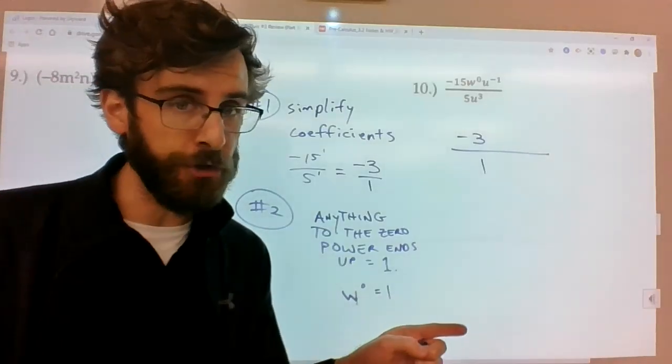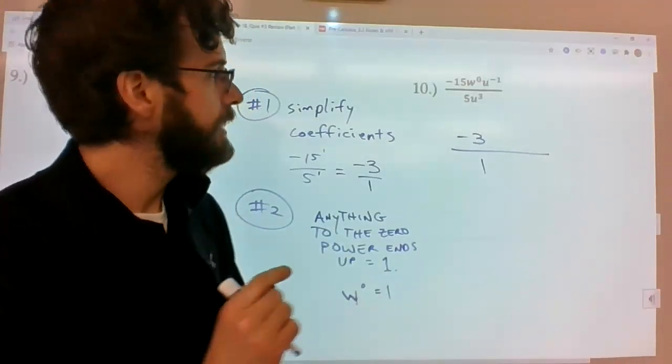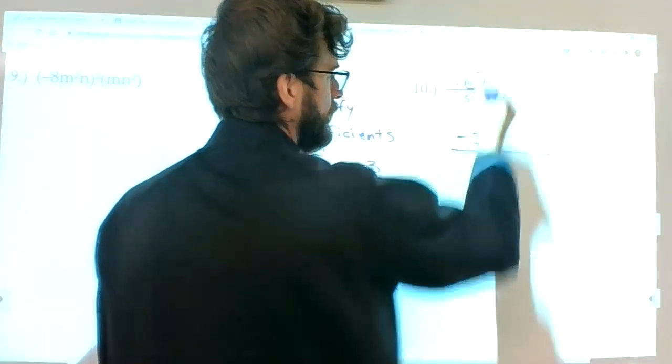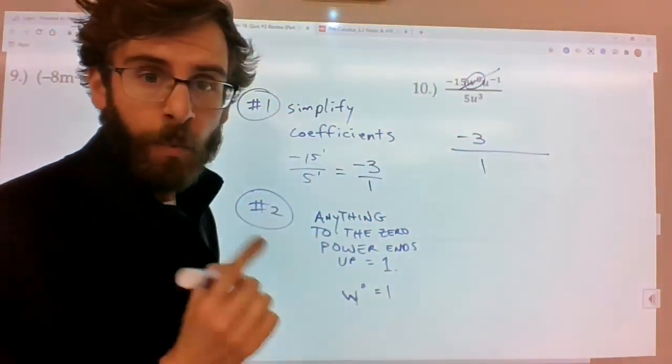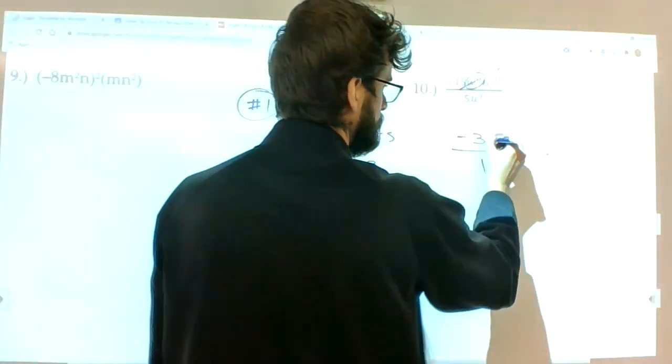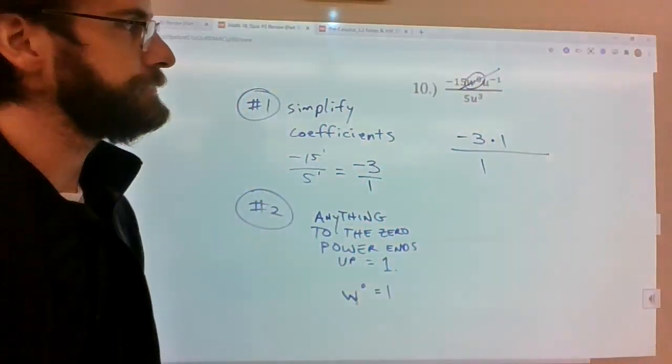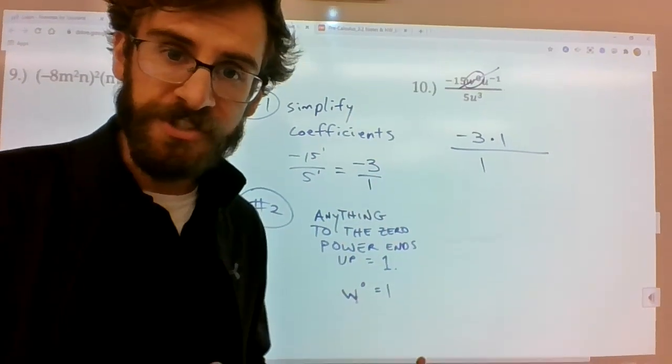It's not w to the 1, it's 1. So I'm going to take w to the 0, get rid of it, and write a 1 in place of it. And that's how you deal with 0 exponents.